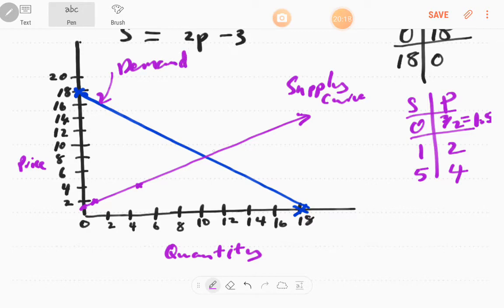Now we see that they intersect each other right here. So this point is called the equilibrium point. This equilibrium point means that at this price, the same amount would be demanded by the public and the same amount would be supplied by the suppliers.